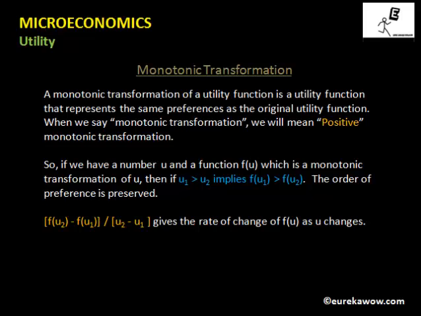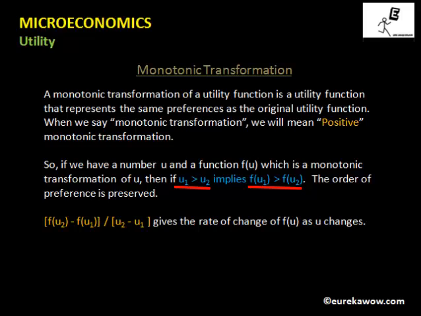Now let us take an example. If we have a number, say u, and we have a function f of u, which is a monotonic transformation of this number u, then if u1 is strictly preferred to u2, it implies that f of u1 is also strictly greater than f of u2.